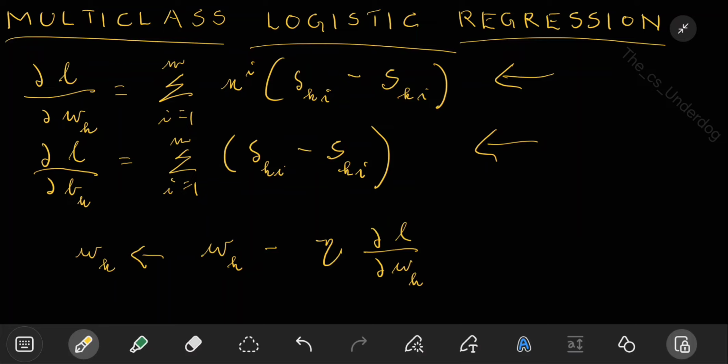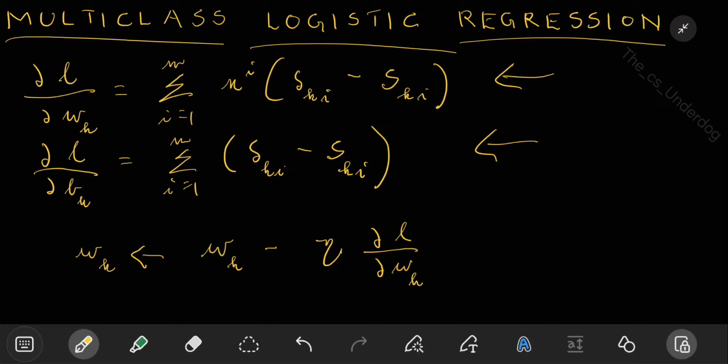If you listened to the binary logistic regression lecture, we took the negative of log likelihood instead of log likelihood, and we used this formula along with it. In this particular case, we used log likelihood; we didn't take the negative.